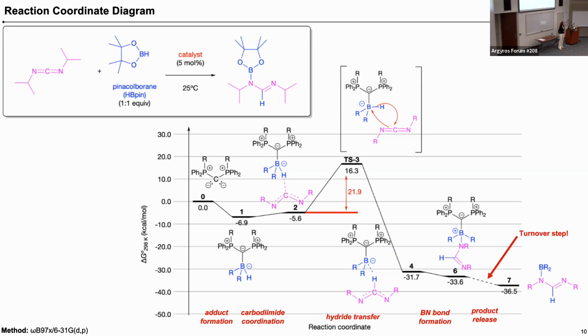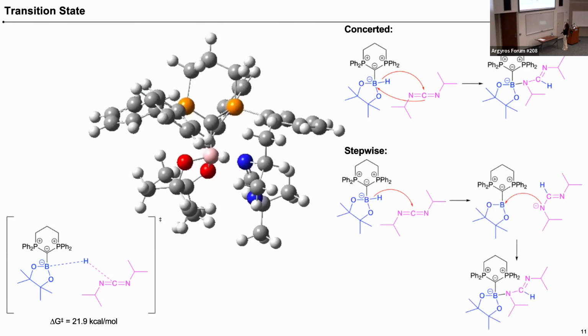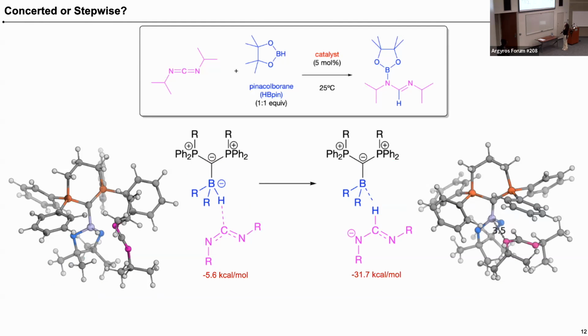I think on a later slide, could you go to the slide where you have the maybe the one after this? Yeah. Sorry, all these builds. So this is the product side after the hydride transfer. It looks like they're not really interacting as I drew it on the ChemDraw.